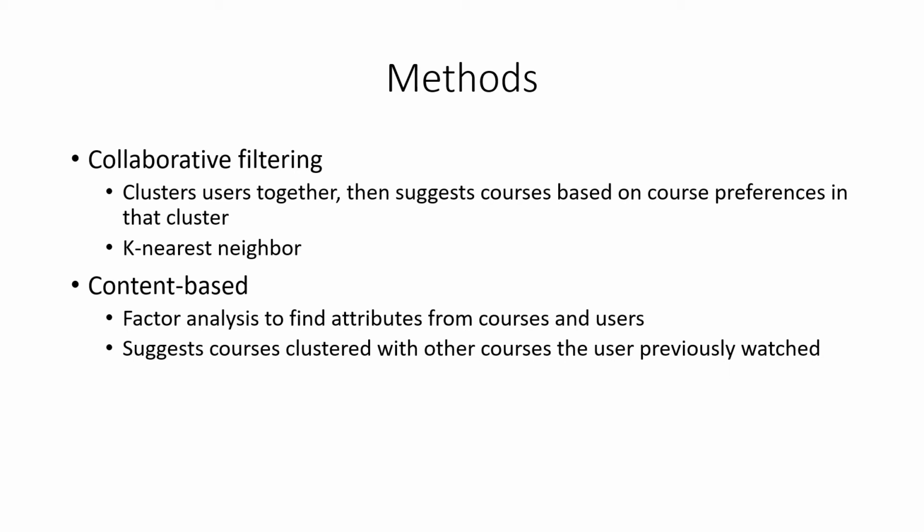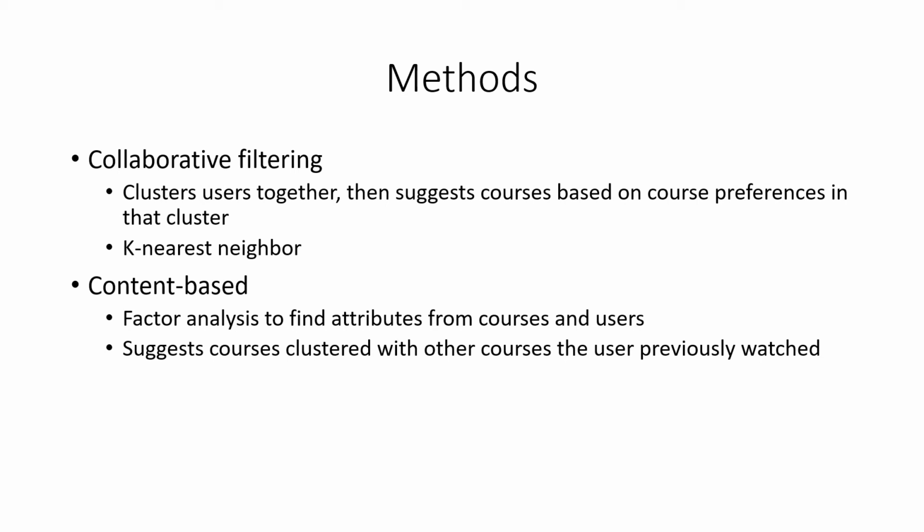The second method that we're using is content-based, and that is essentially factor analysis to find attributes from both courses and users, and then cluster those courses and users, and then suggest courses clustered with other courses that the user previously watched.